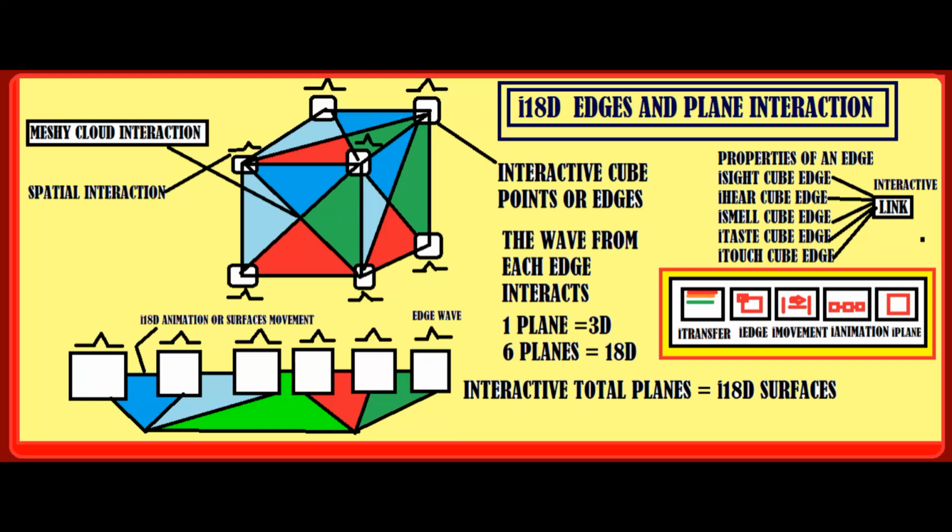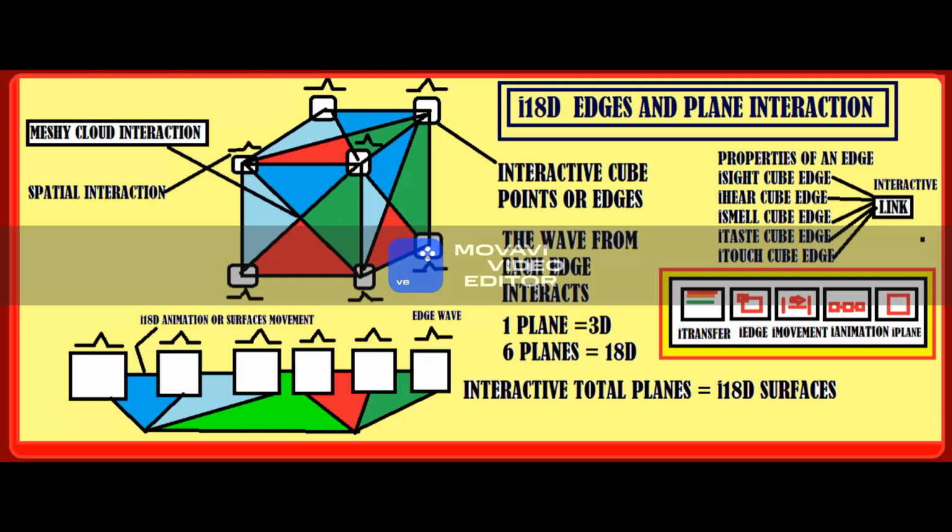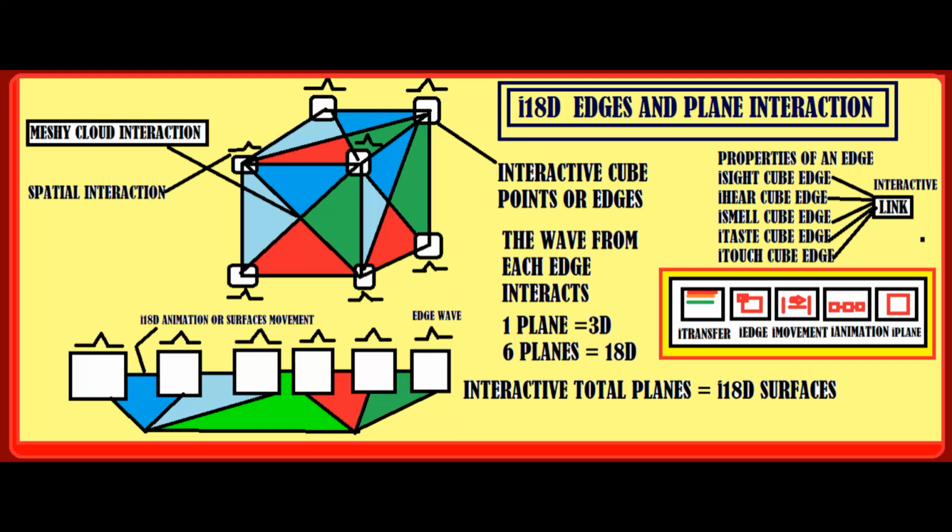For example, if you have a car and you want to see the edges of the car or turn the car up, down, you can use i18 edges, because what you have to do is to accelerate the neutrons or the electrons or the protons that are responsible for each edge movement, and then through calculations and through software we can alter them. We can alter the movement.